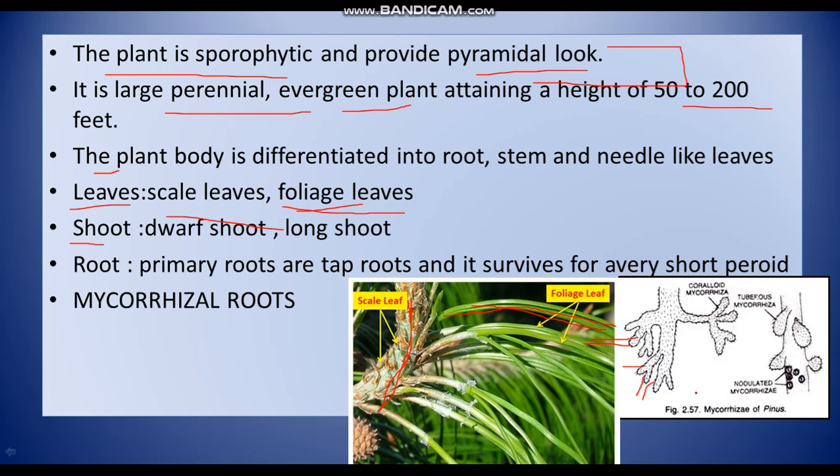Fungus remains as a parasite on these roots in this relationship. Fungus receives food from these roots and on the other hand fungus helps in performing certain physiological functions of the host. Some scientists say that they live in a symbiotic relationship but some say that the relationship of fungus on this root is of parasitic type.